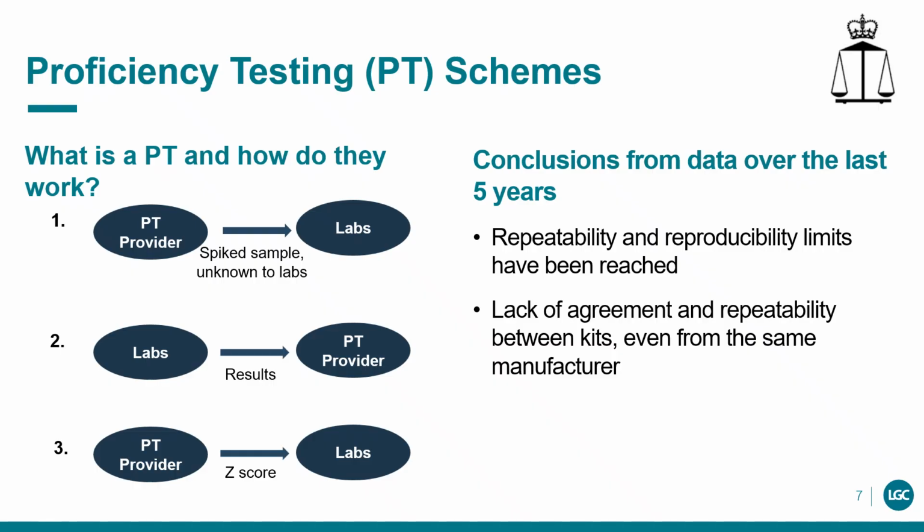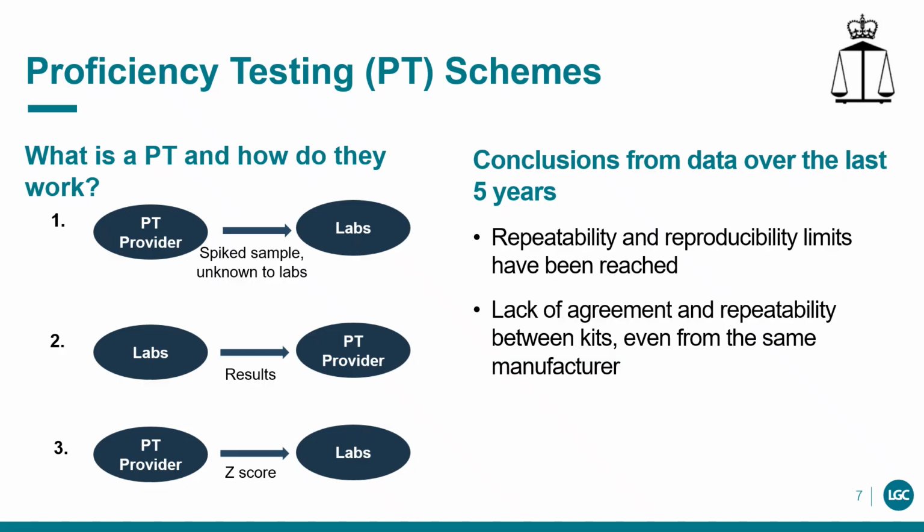The precision of ELISA allergen testing has been evaluated in the FSA report FS900246 using proficiency testing (PT) data from over a 5-year period. The data from these proficiency testing schemes use data comparison to assess laboratories' capabilities to detect allergens in homogeneous spiked food samples.